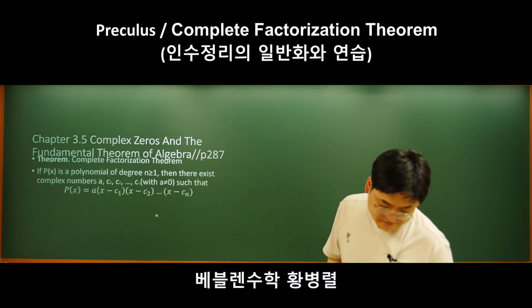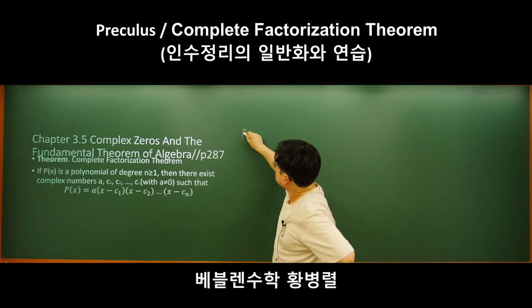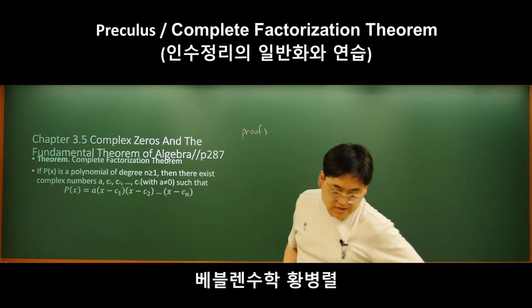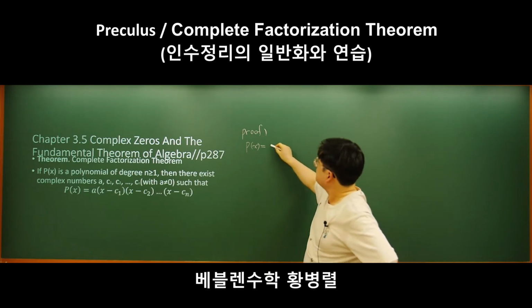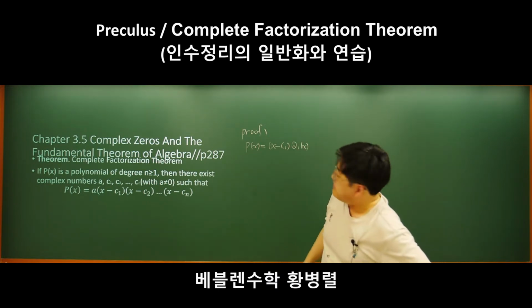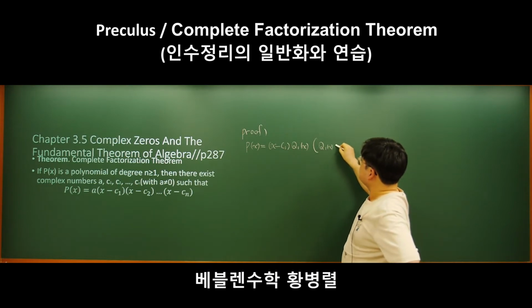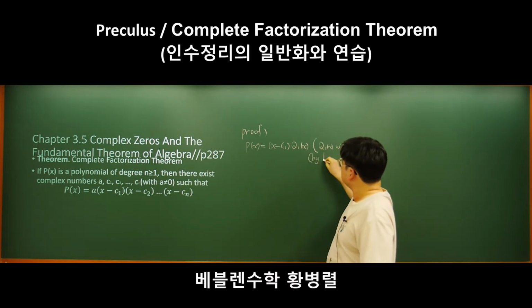Let's prove this theorem. P(x) can be factored as (x minus c1) times q1(x), where q1(x) has degree n minus 1, by lemma 2.